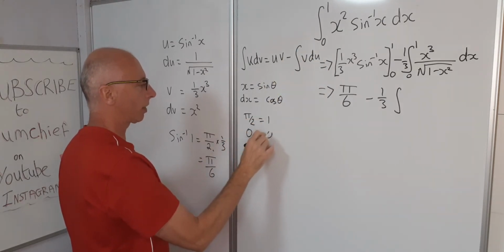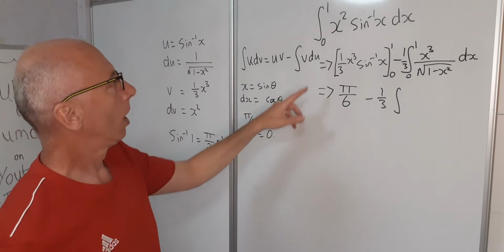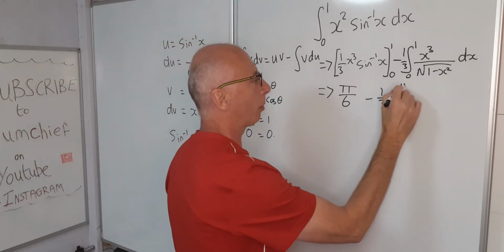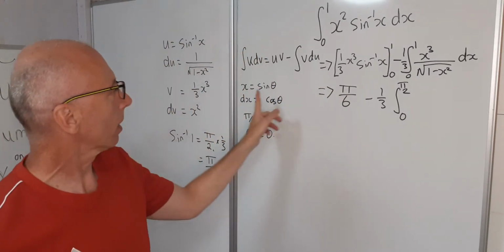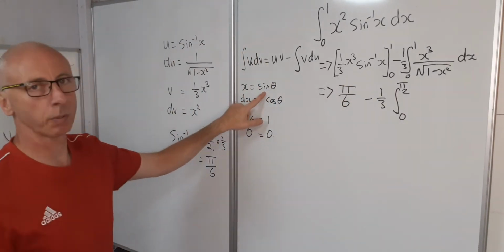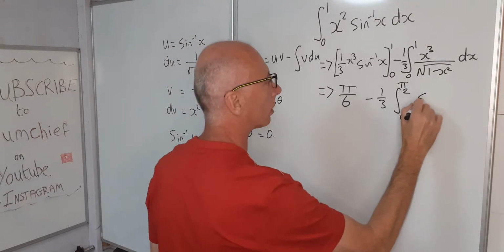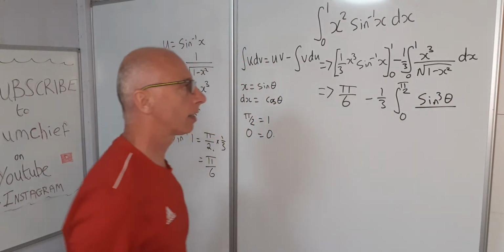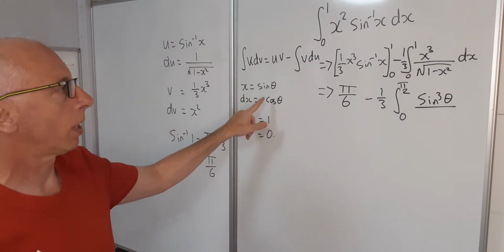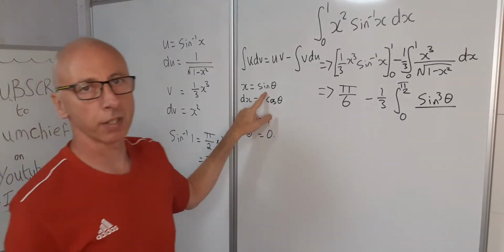That's our 1 and that's our 0. Okay, so now we put pi over 2 and the 0 back in. x cubed is going to be sine cubed theta. And then divide that by the square root of 1 minus x squared, which is 1 minus sine squared theta.